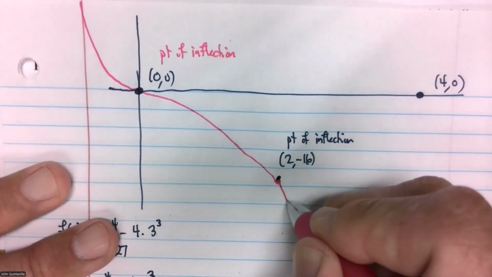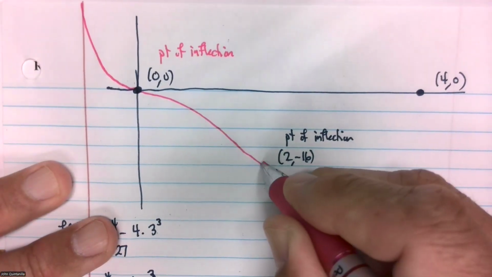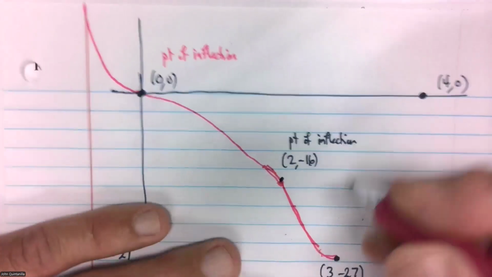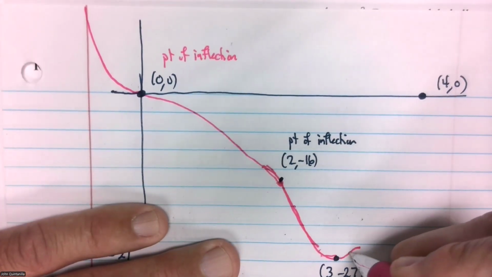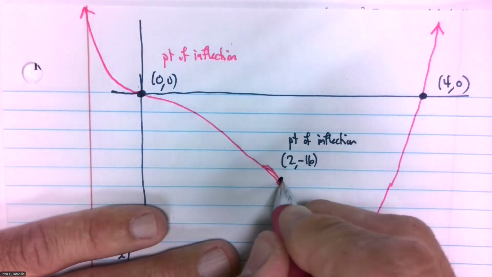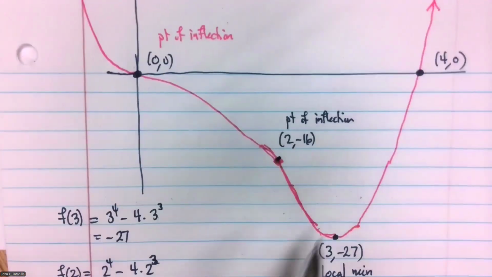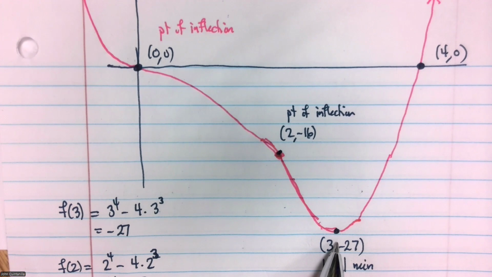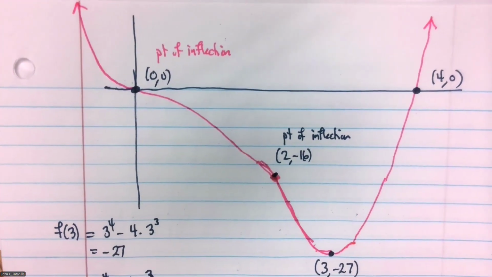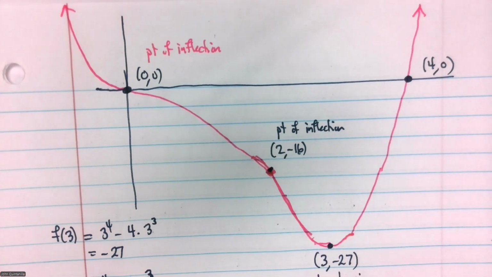So it's now going concave up. And then I hit this minimum. And then at 3, it is concave up and increasing. And so something like this, where I've got this point of inflection at 2, negative 16, and a local min at 3, negative 27, also a point of inflection at 0, 0. That'll be a sketch of the graph of this quartic polynomial.